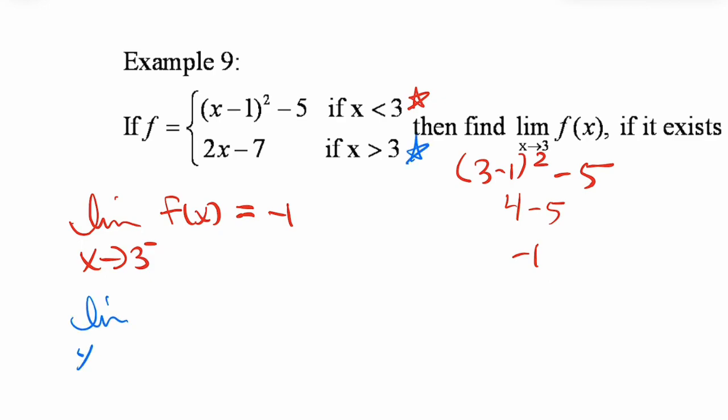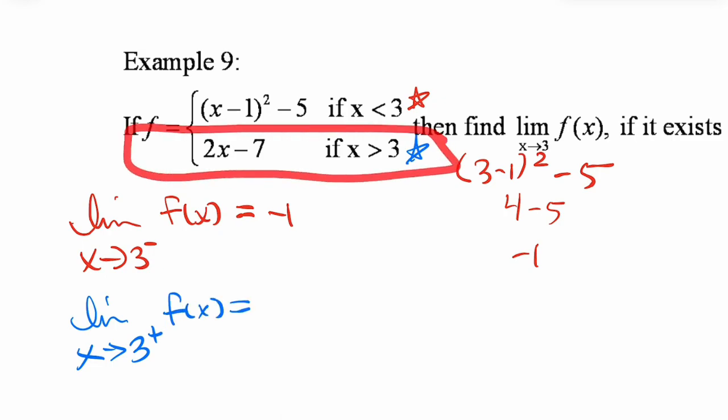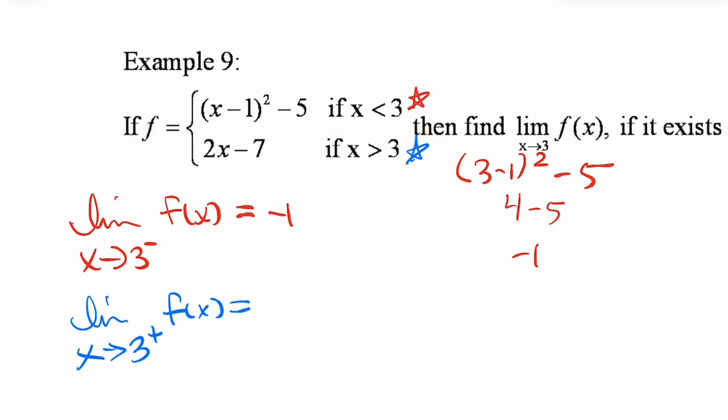Now that's the left. Now let's talk about the right. The limit as x approaches 3 from the right is coming in from this side. So if we plug 3 into that, we get 6 minus 7 or negative 1. At a piecewise function border, you have to check that the two border pieces are coming into the same height.